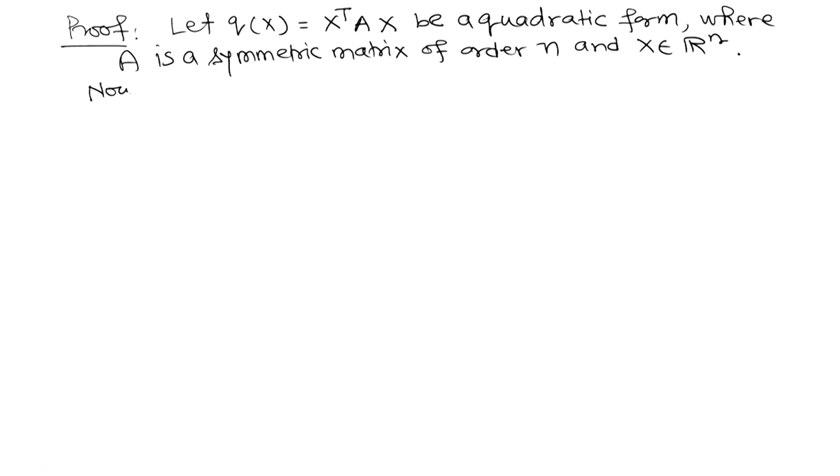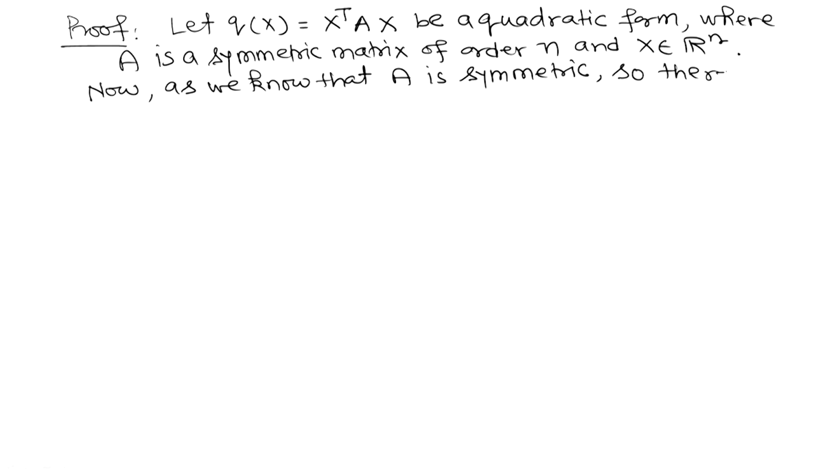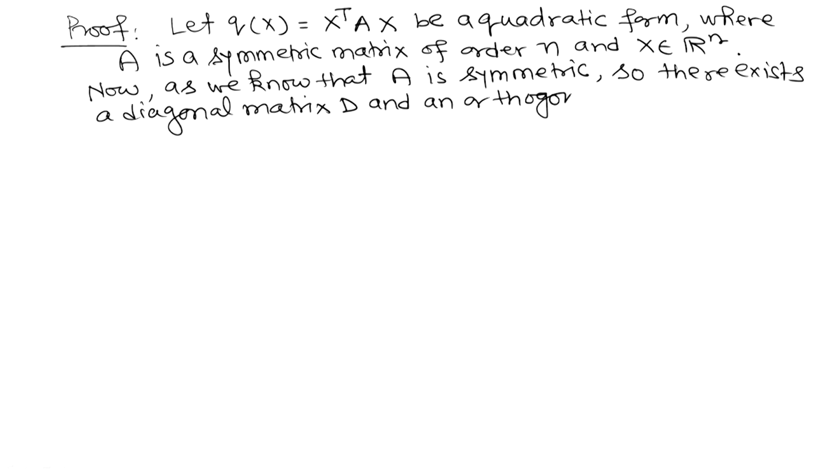Now, as we know that A is symmetric, there exists a diagonal matrix D and an orthogonal matrix Q such that A can be written as Q D Q transpose.